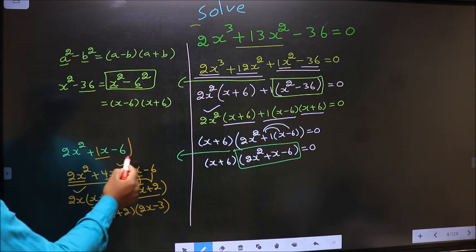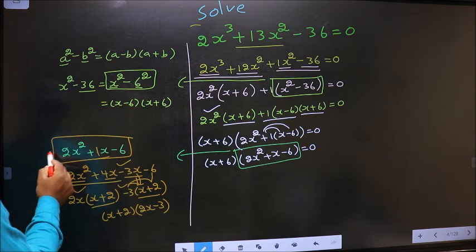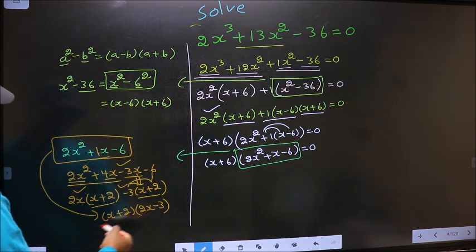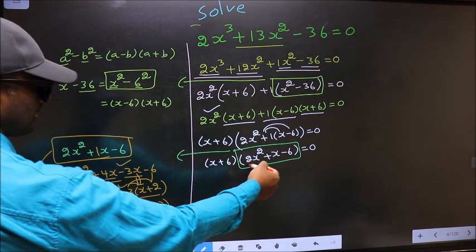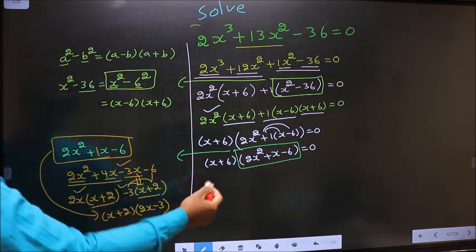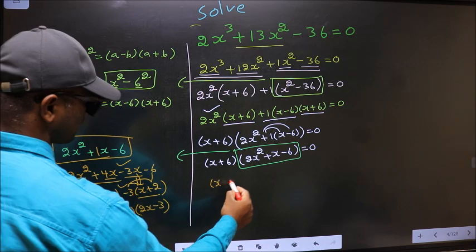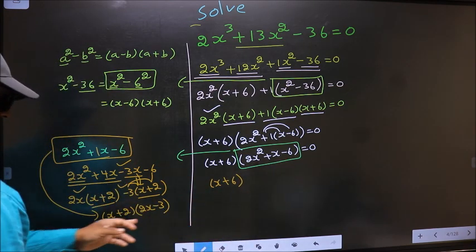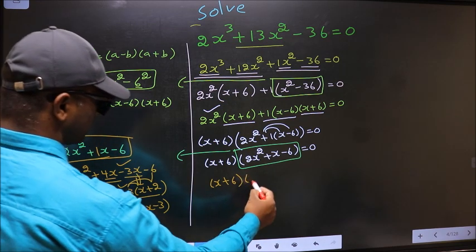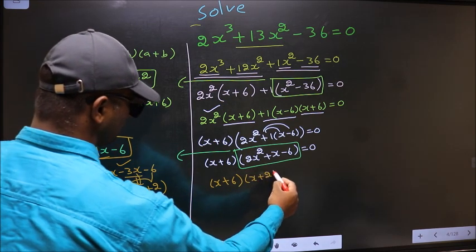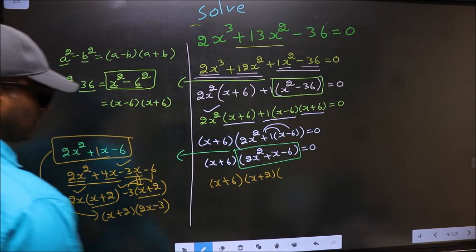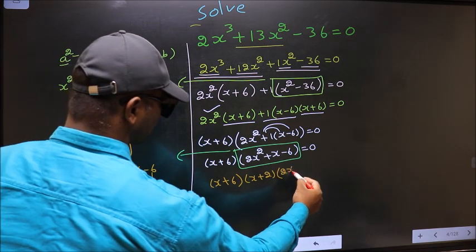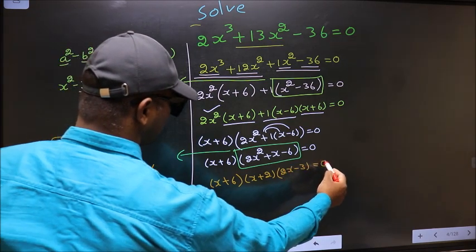Now in place of this quadratic, we should write this over here. So this equation will become x plus 6, in place of this, now we should write this x plus 2, 2x minus 3 equal to 0.